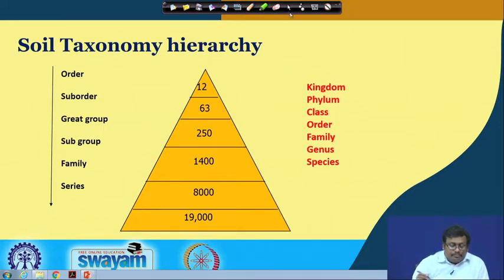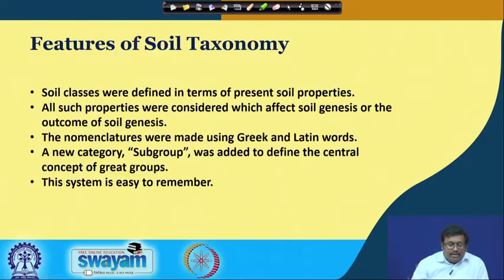So, what are the major features of soil taxonomy? Well, soil classes were defined in terms of present soil properties, and all such properties were considered which affect soil genesis or the outcome of soil genesis.